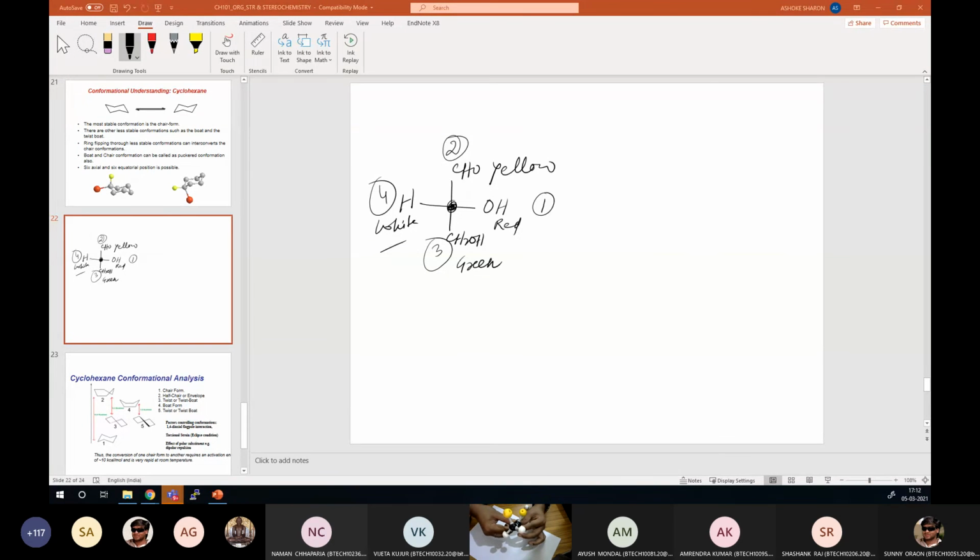This is called staggered. Why? Because it's away. Now these two cannot touch each other because it's a 60 degree dihedral angle. All atoms are now separated. From that side you can see the backside atoms also. That is the reason this is staggered and away.